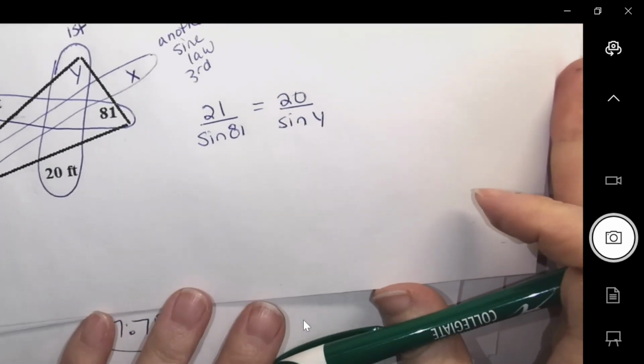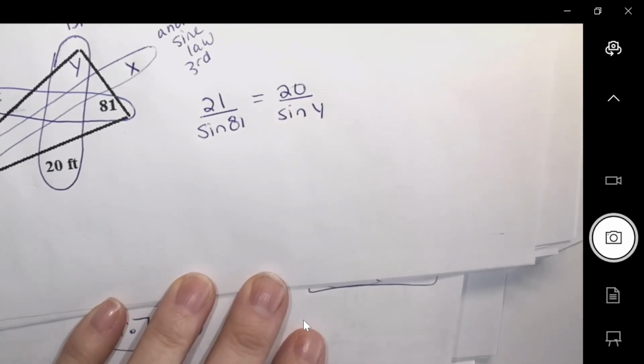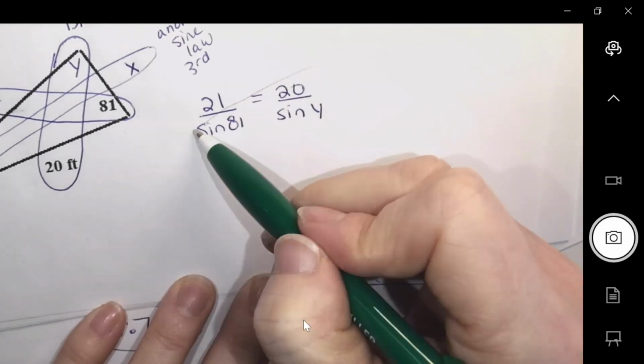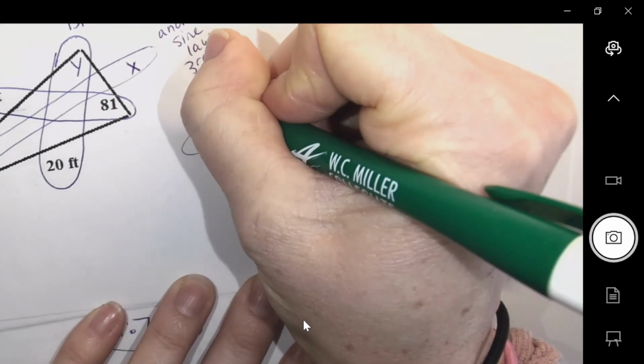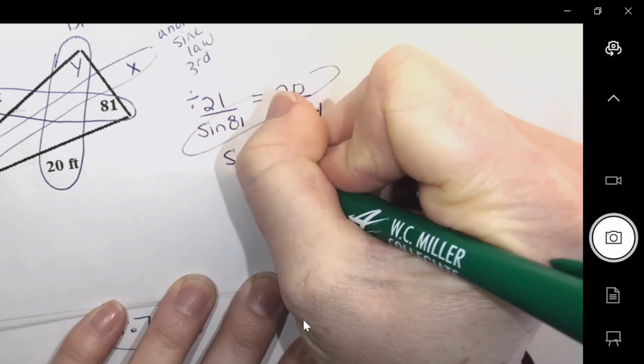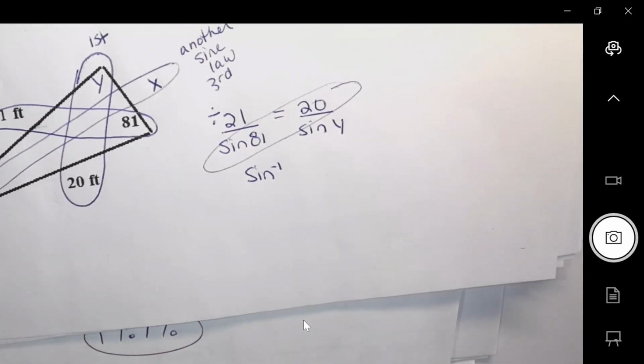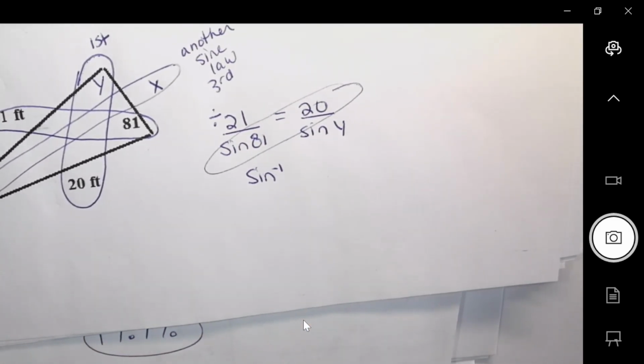Okay, what are we doing to type this one? 20 times sine 81, divide by 21, inverse. You got to do those three things. Times across, divide left over. Inverses are always the rule to get an angle. 70.2.